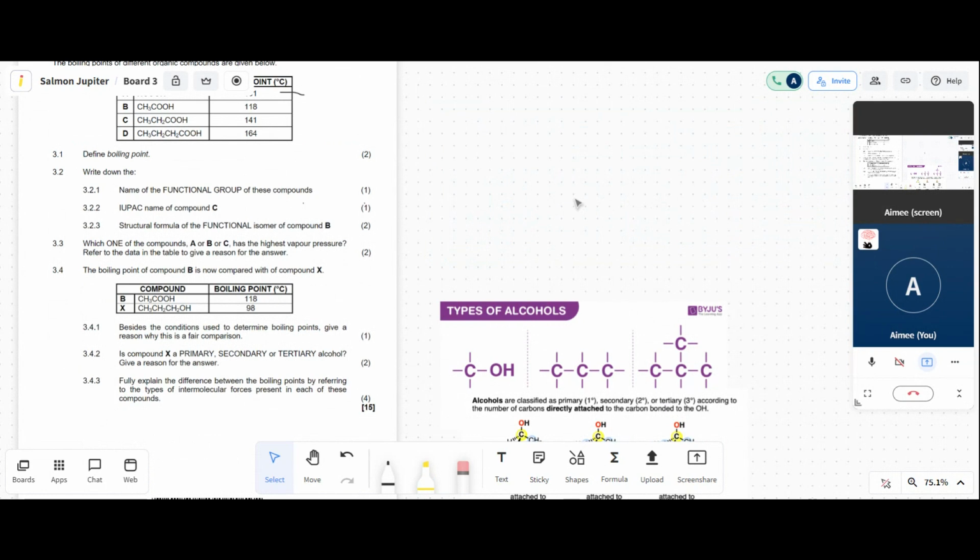There will only really be a few reasons why comparing certain compounds will be fair. Okay. Either they are in the same functional group, because it's fair to compare compounds that are in the same functional group, okay?